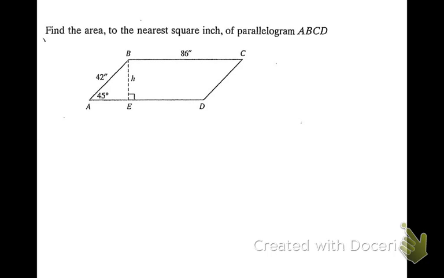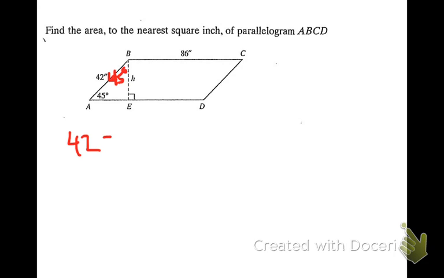That 42 would have to be the hypotenuse. So you're going to use a 45-45 triangle. This other angle we know is 45 because it's 90 and 45, so that's a 45-45 right triangle. So the hypotenuse is 42.